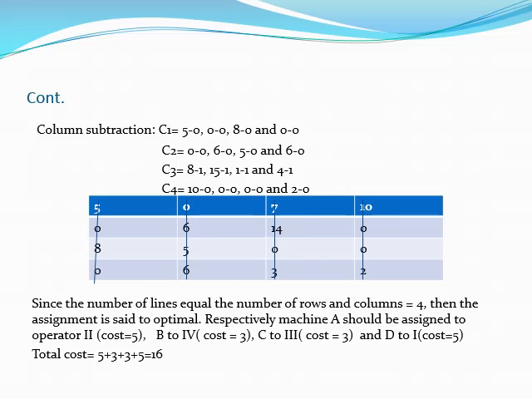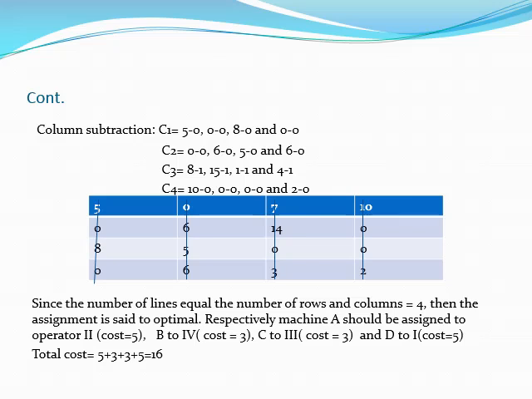So if we subtract 0 from the remaining costs, the column remains as it is. This case is also applied to the next column and to the last column, except column 3.